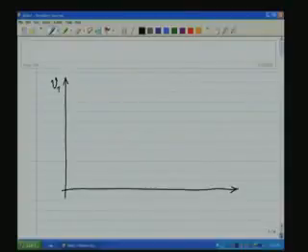So the y axis is the terminal voltage, the x axis is the load current I, so this point is load current of 0 amps or open circuit.